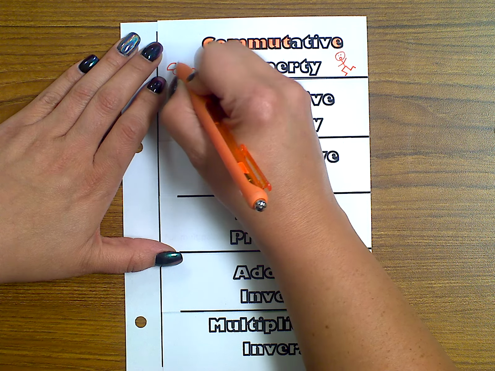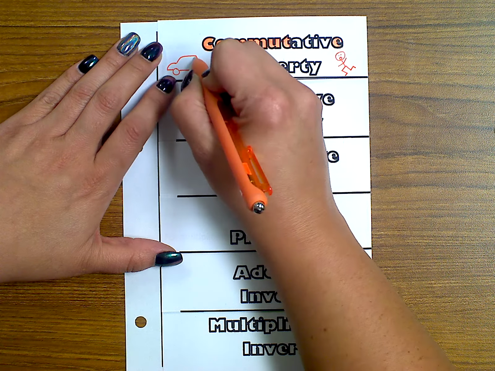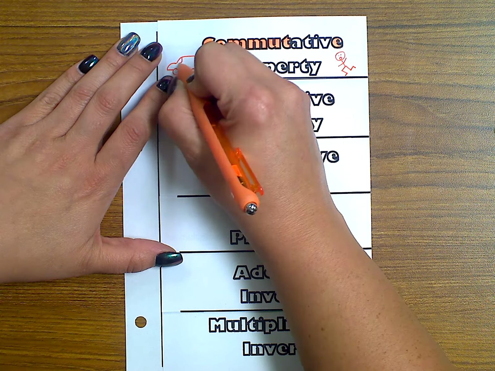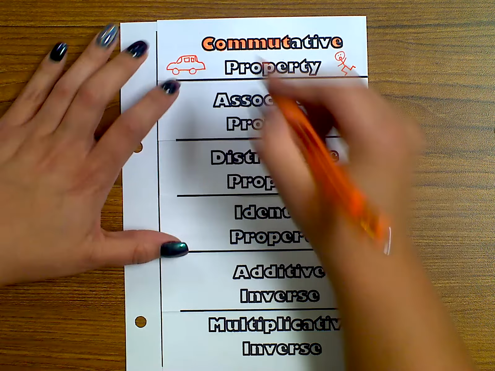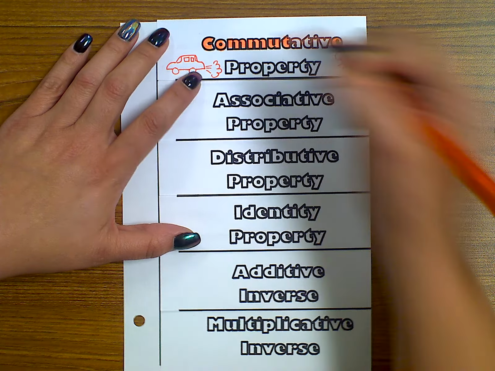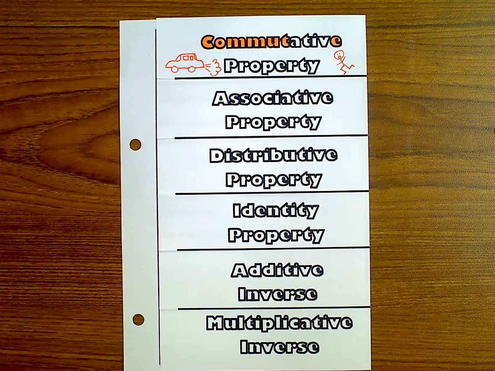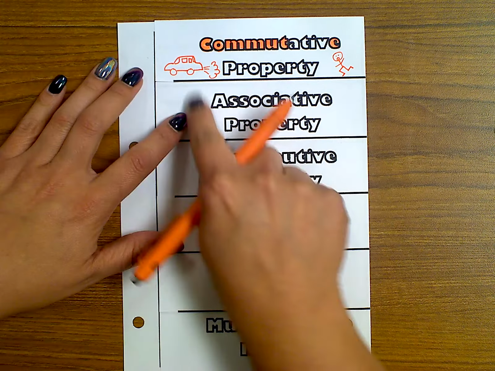We might take a car. Okay, I promise that's a car of some sort, and it's going. Okay, so whenever you hear commutative, I want you to think of movement.